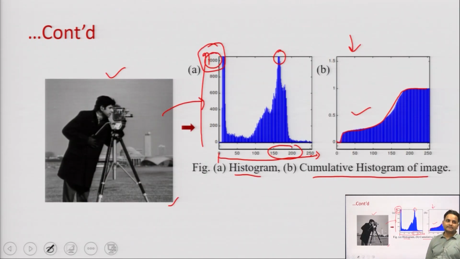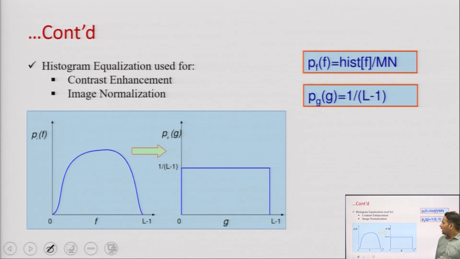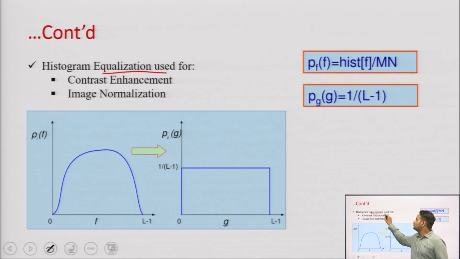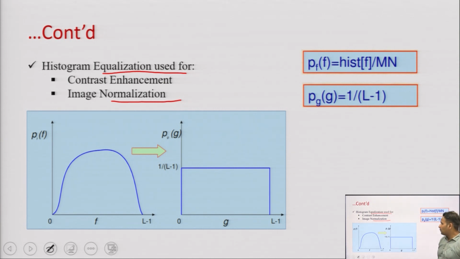So, the original image is different, and after the cumulative histogram your image gets enhanced in this manner. Now, if we talk about histogram equalization, which is used for contrast enhancement and image normalization, here you have to use probability theory.